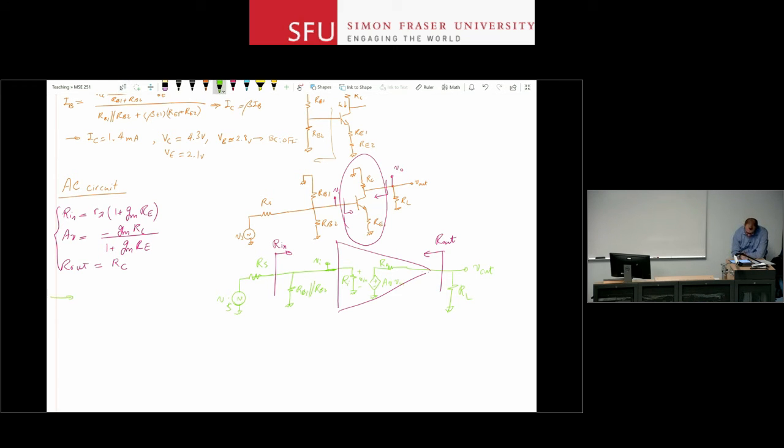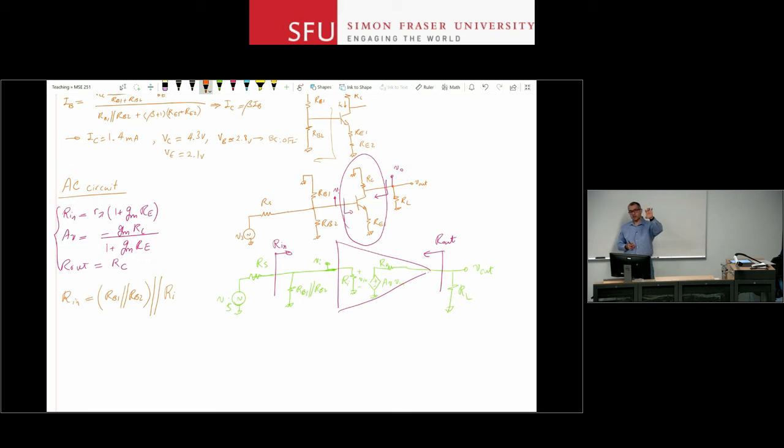So I can see, without actually even solving it, that Rin is RB1 in parallel with RB2, the whole thing in parallel with Ri. Right? I hope this is clear, right?